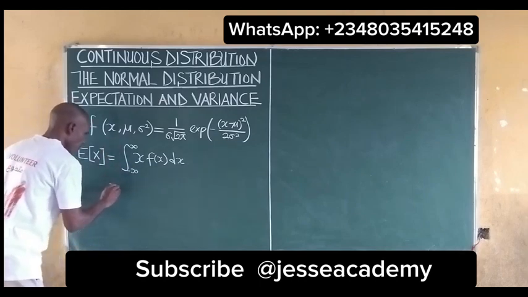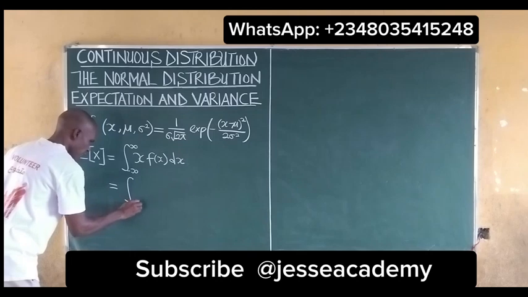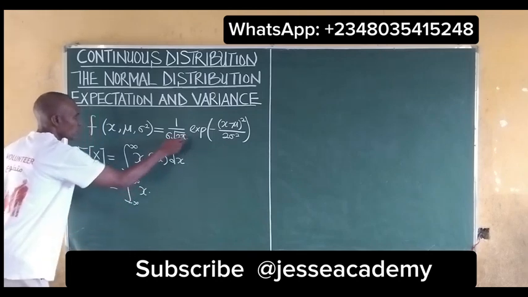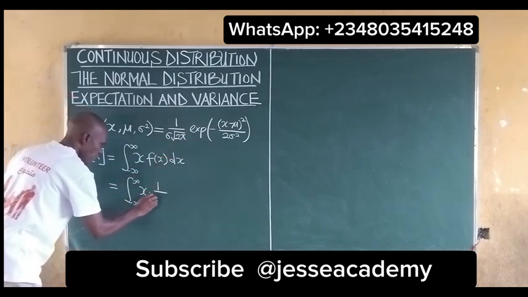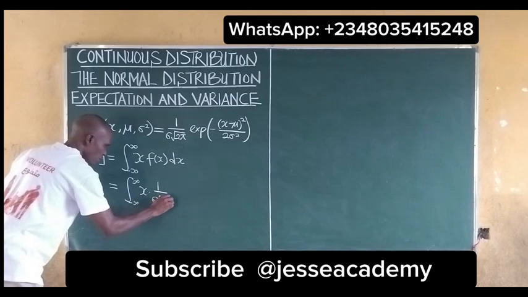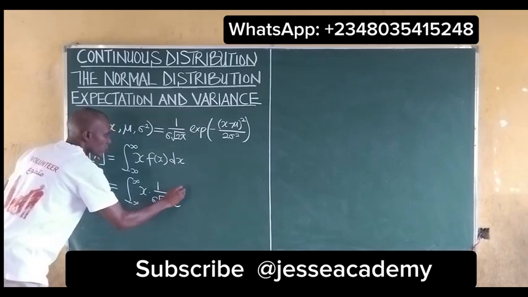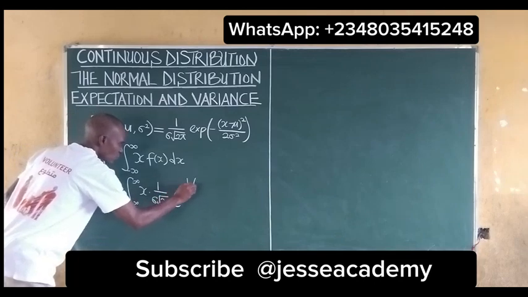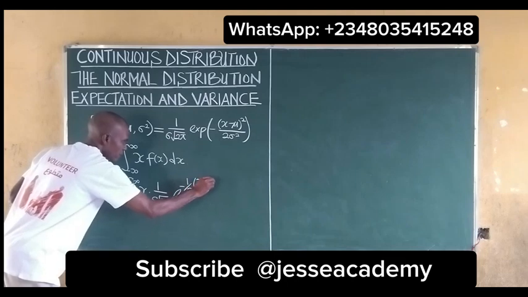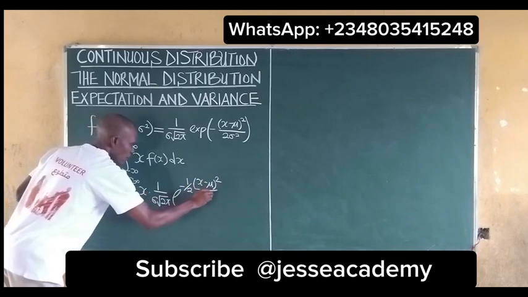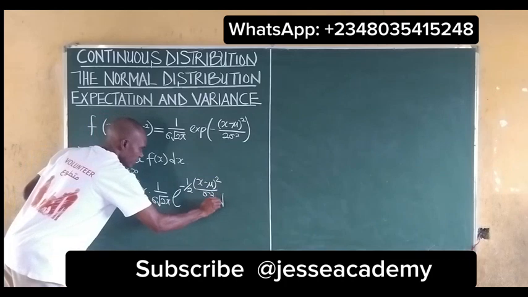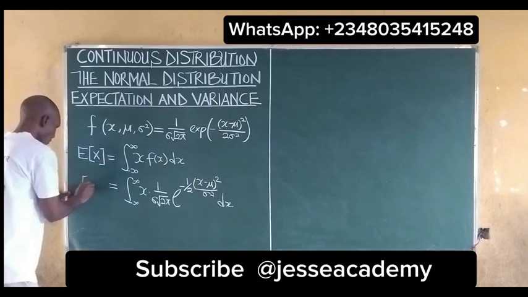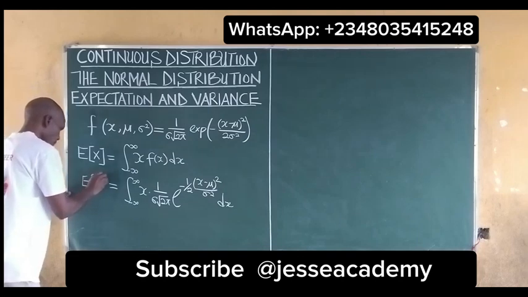So it means we have negative infinity to infinity x multiplied by what we have here, 1 all over sigma square root of 2 pi exponential negative 1 all over 2 x minus mu squared all over sigma squared, then dx. This is our expected value of x.